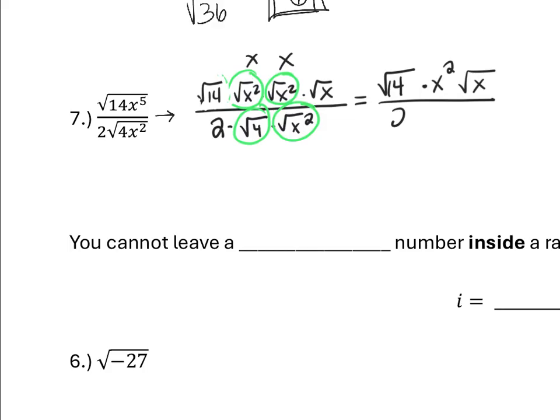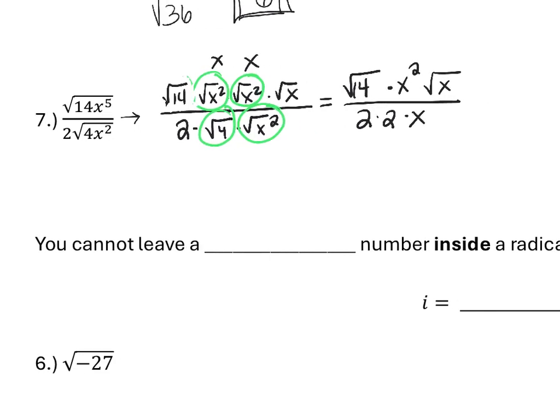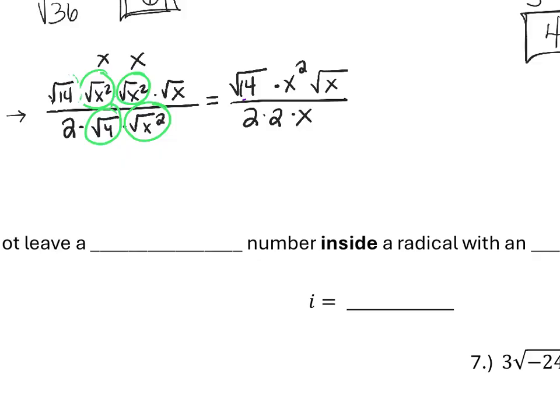And on the bottom we get 2 times x, right? So on the top, we're going to have 14x underneath our radical and an x squared on the outside over 4x. There's one more thing we can simplify.